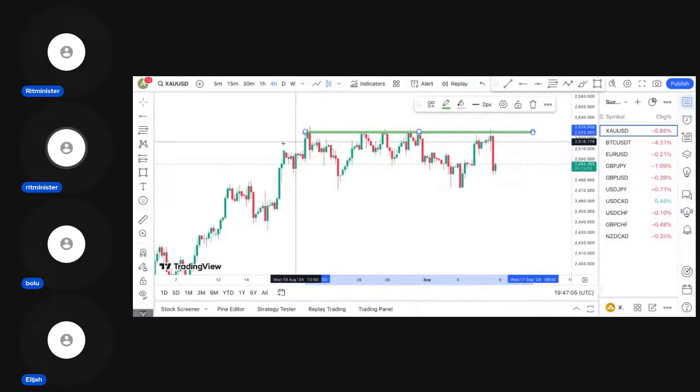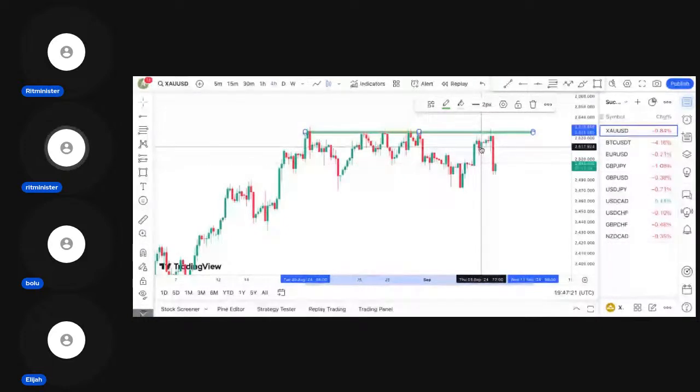I looked at this resistance and saw so many touches. I know the price will go up, but even when it wants to go up, it will be like a sweep because it is close to that resistance before it goes up. So the next thing I did was mark my resistance.